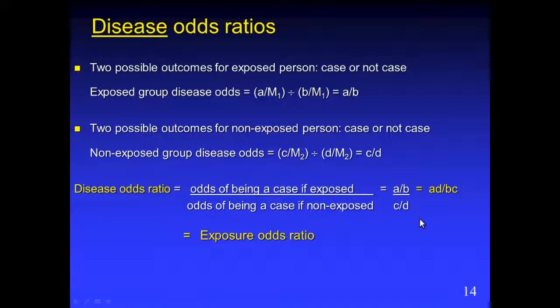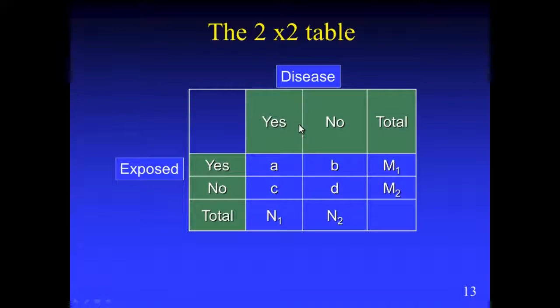So the implication of that is that it absolutely doesn't matter if you flip this table and you have this being the disease axis and this being the exposure axis, because basically it's just rotating on this axis here. As long as you have the exposed case in this top upper left hand corner, as long as A represents the exposed case, then everything will fall into place.